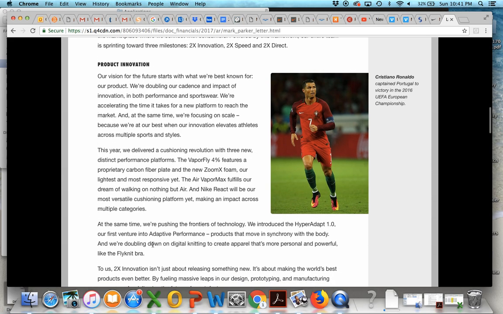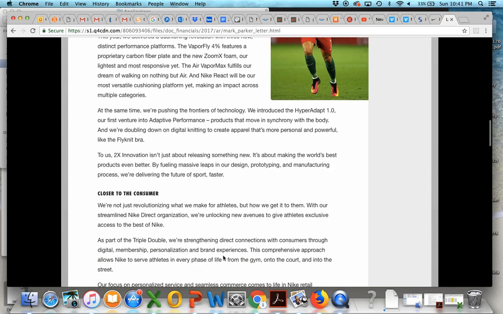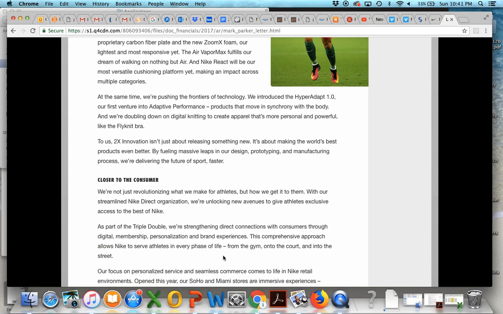They talk about some of the things they're doing specifically in products, like carbon fiber materials and digital knitting. These are all potentially new and different things that can generate new kinds of sales and more sales.